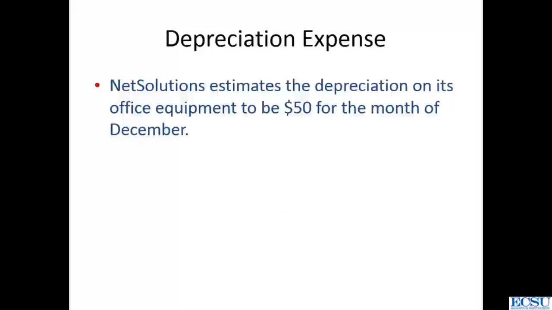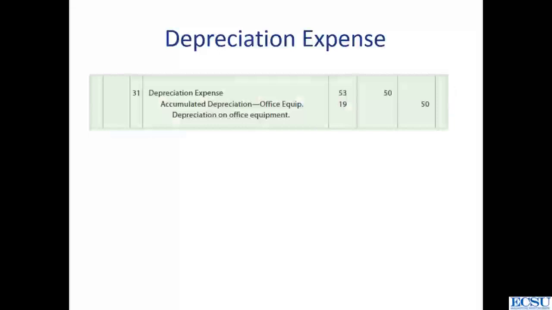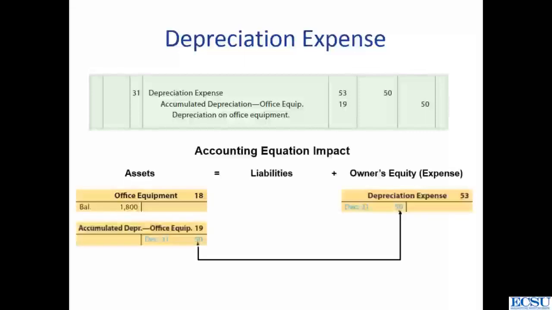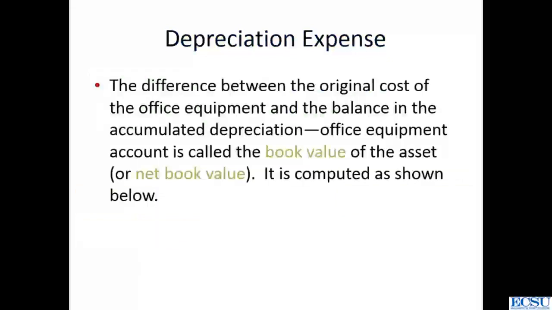Now, depreciation expense example is Net Solutions estimates the depreciation on its office equipment to be $50 for the month of December. So this is the journal entry that we do, depreciation expense. So every time depreciation is charged, depreciation expense is debit and accumulated depreciation is credit. So that's how we would be doing the depreciation account. Now depreciation expense increases and contra asset increases, so therefore we debit and credit.